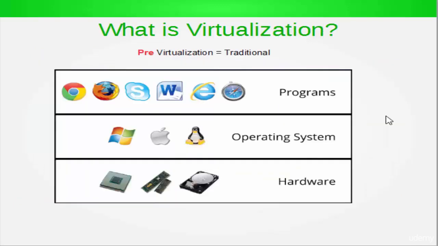Okay, so as you can see here in this picture, this is a picture of pre-virtualization. This is the normal case and the normal layers of a computer without the virtualization layer. In here we have the first layer, which is the hardware layer. And this layer contains the RAM, the hard disk, and the processor. The second layer contains the operating systems that you are running, for example Linux or Mac or Windows.